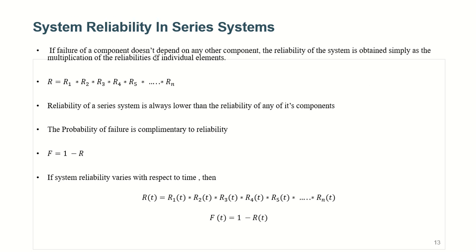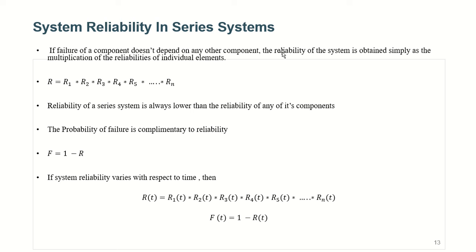So if the failure of a component doesn't depend on any other component, the reliability of the system is obtained simply as a multiplication of the reliability of the individual elements, right? All the components are arranged in series, and that's why I'm calling it system reliability in series systems.